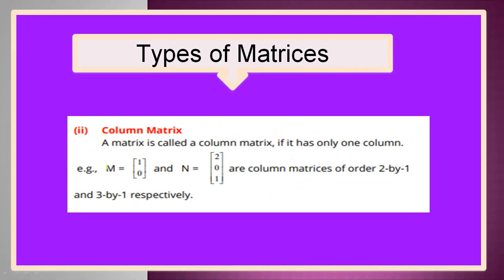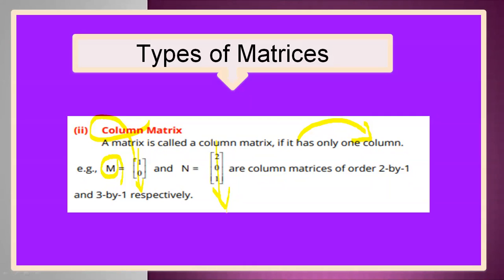While the next type, the reverse of it, is the column matrix. Definitely, what will be the unique property? Yes, if it has only one column, that's great. It's the unique property of it. In a column matrix, as the name suggests, there is only one column. Let's suppose I have a matrix M. I am observing that I have only one column.